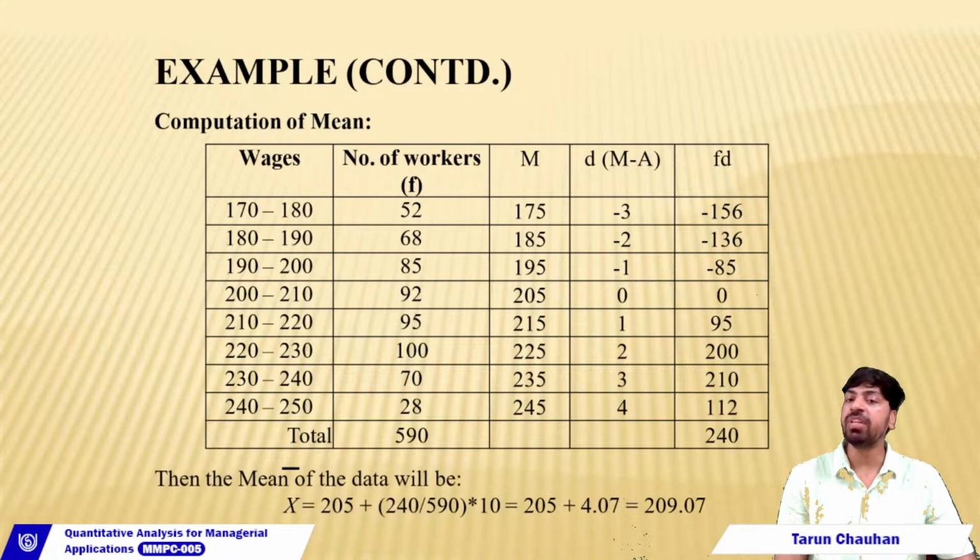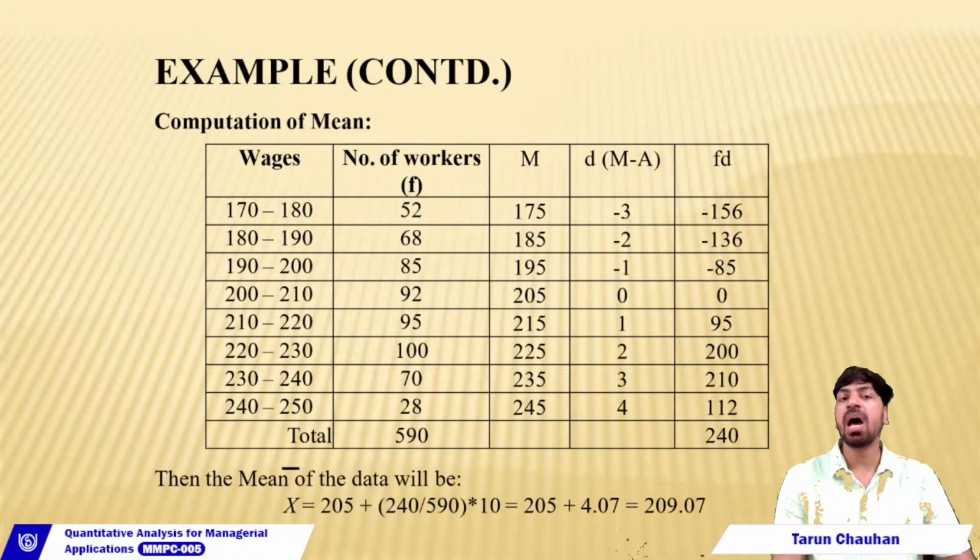So F is 52 into minus 3, that is minus 156. 68 into minus 2, minus 136. 85 into minus 1, that is minus 85, and so on. The sum of FD is 240 and the sum of frequency is 590.